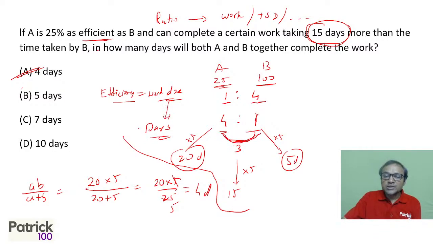The difference of 4 and 1 is 3. 3 stands for 15 days, so 5 times. So 1 will stand for 5 days and 4 will stand for 20 days. If one person does the work in 20 days and the second person in 5 days, the formula becomes AB upon A plus B. Substitute, and you will get the answer as 4 days. That's the answer.